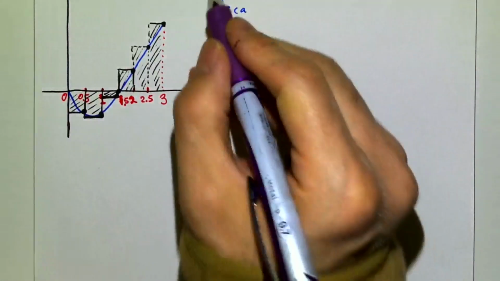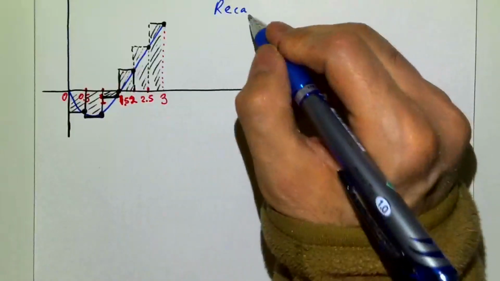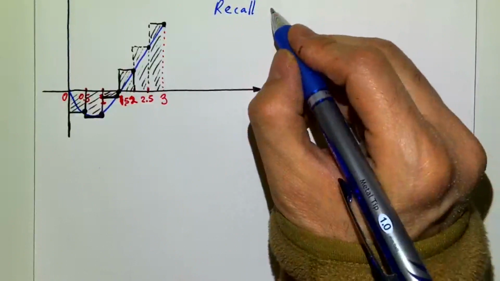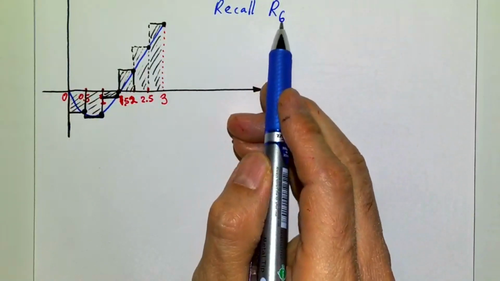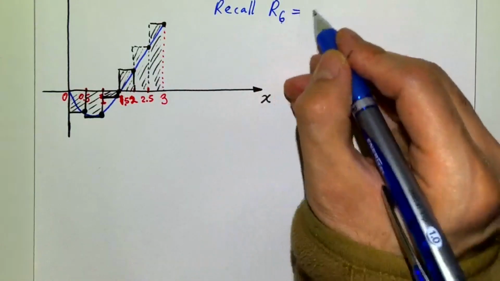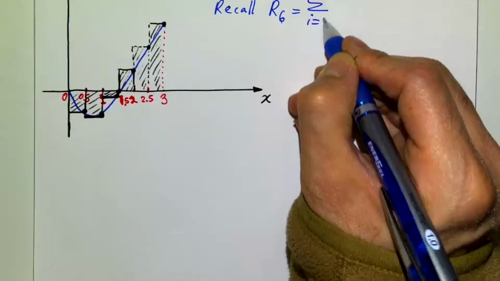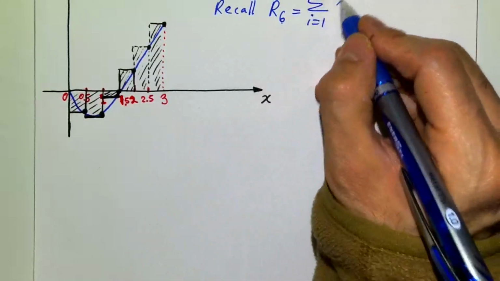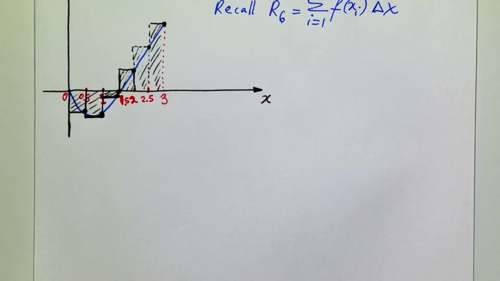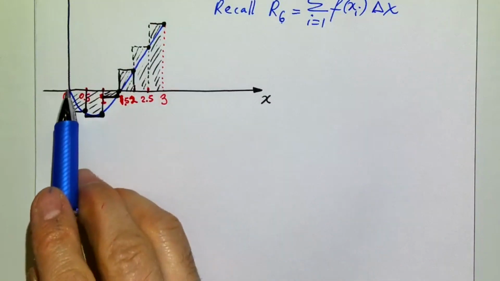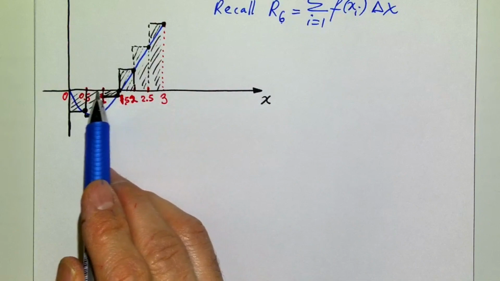So recall that the Riemann sum using the right endpoints, 6 of them, would be equal to the sum of 6 rectangles of the function times delta x. Right? Delta x, of course, is the width of each rectangle, which should be equal to each other.